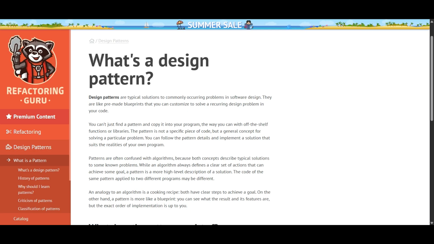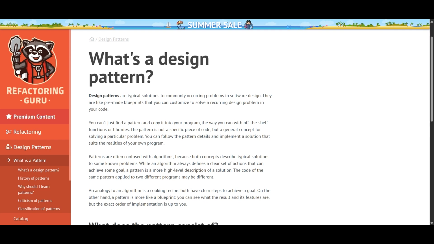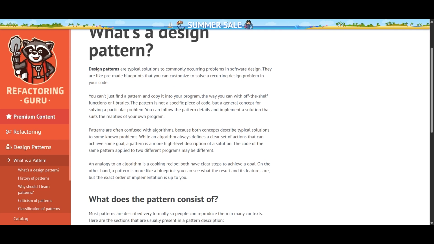It is not like a piece of code that we can copy into our program and all problems are solved. It's not like that. What we have here is a general idea, a blueprint that we need to adapt, and we need to apply some changes to it, and therefore we can use it in our own program. That's what a design pattern really is.